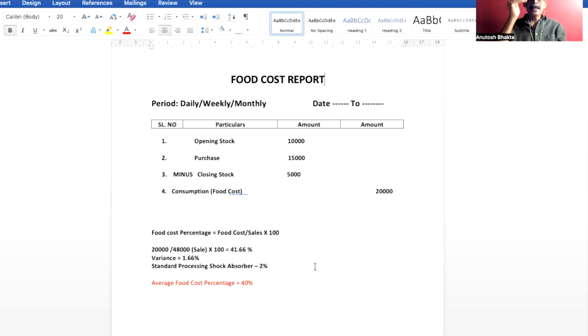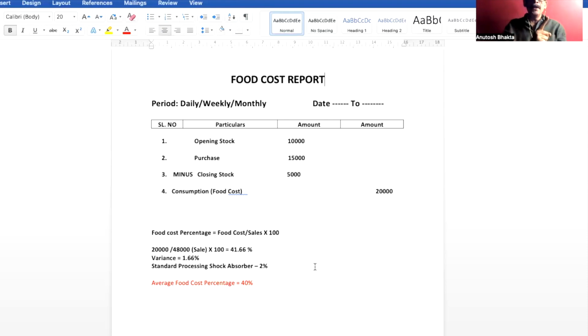So depending on the size of your food business, you decide whether you'll prepare the food cost report daily, weekly, or monthly. But this is the most powerful tool which you should use in the restaurant. Otherwise, in no time, you will find that you are incurring tremendous losses.